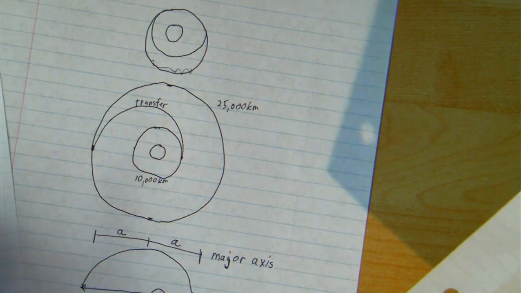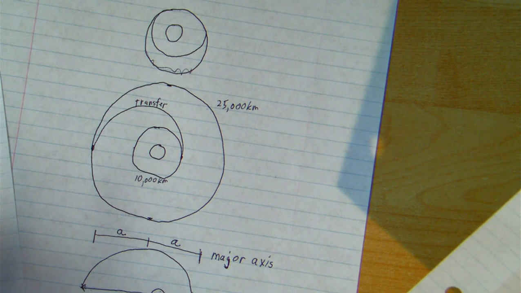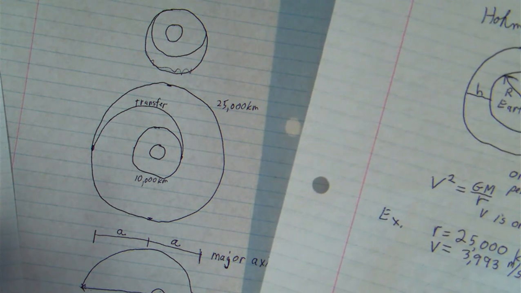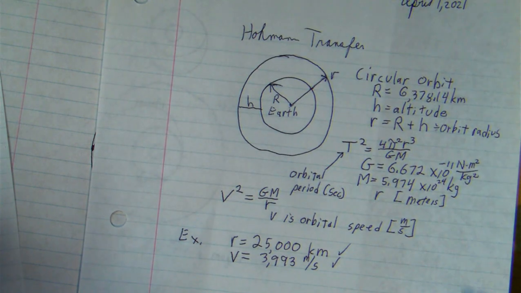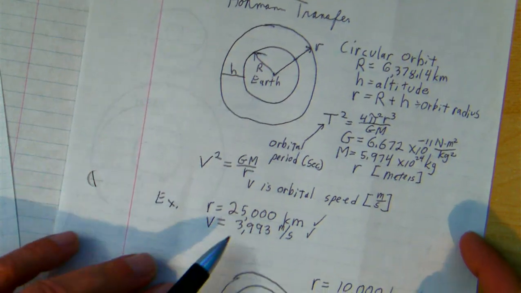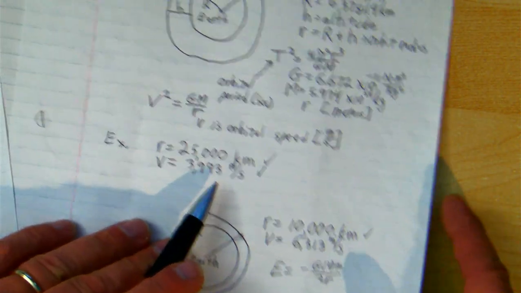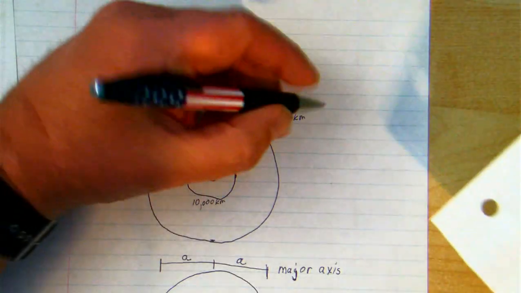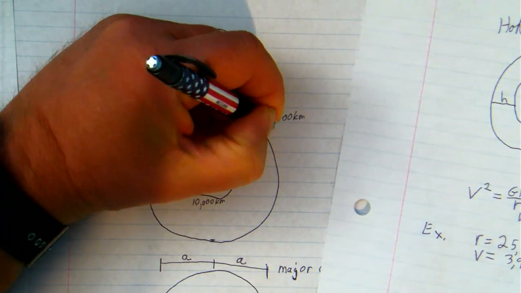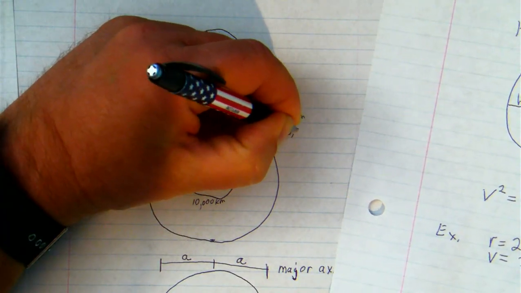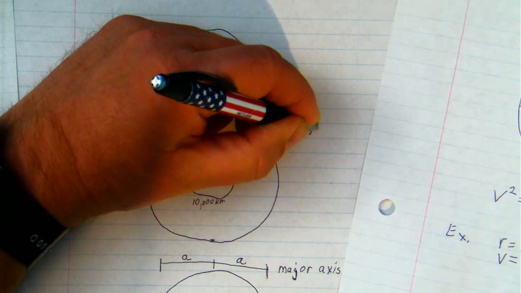Did I not write it down? Oh, yeah, I wrote it down. Okay, so we're starting off at a speed of 3,993 meters per second up here. I'm going to copy that over. Our speed up here is 3,993 meters per second.